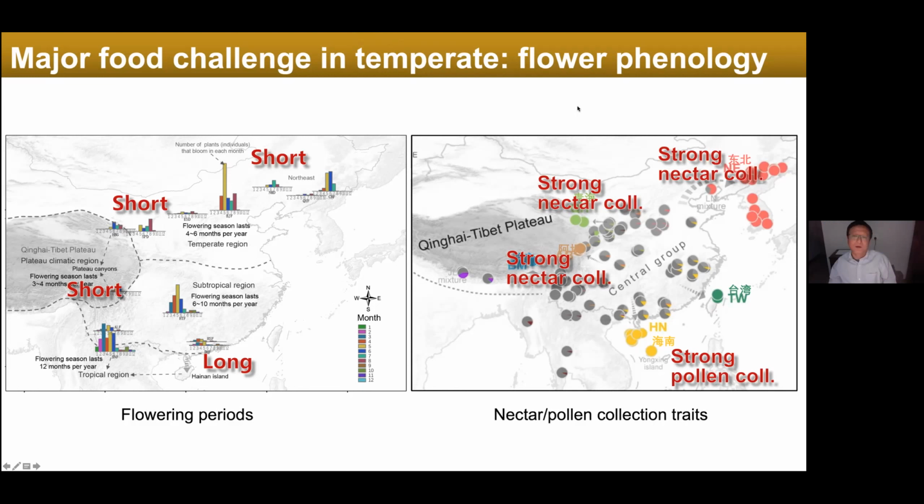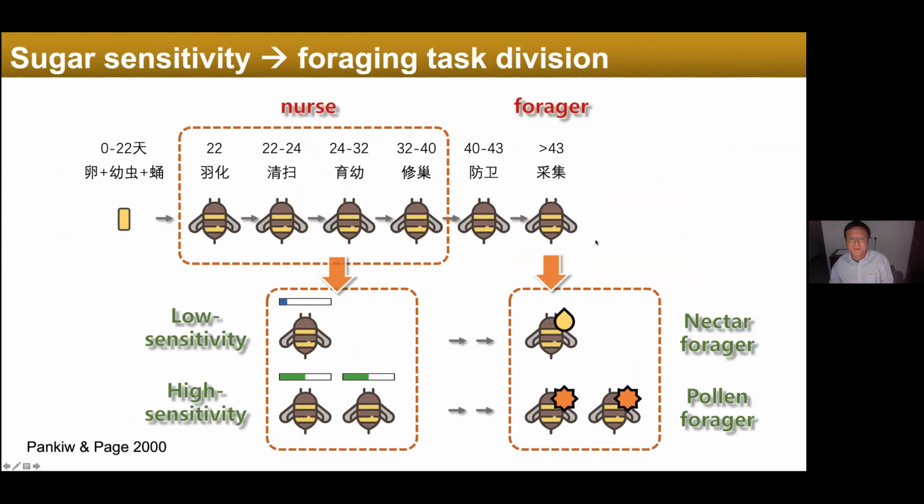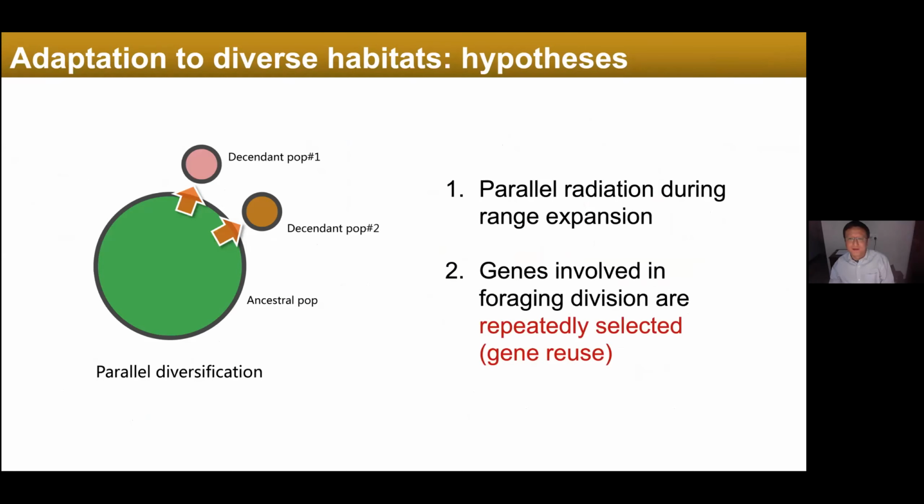Okay, so by gene reuse, I mean, this is more or less a term that people use trying to make the communication easier, but it could be vague. By that, basically, what we meant was in independent evolutionary events, if a particular gene was found selected in these parallel events, then we call this gene as being reused.